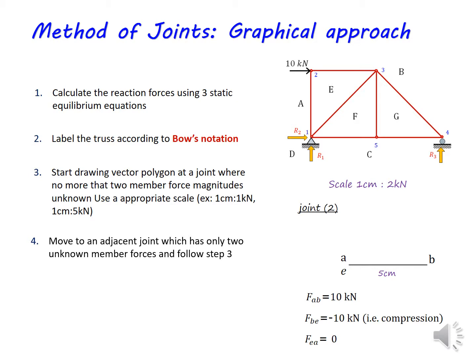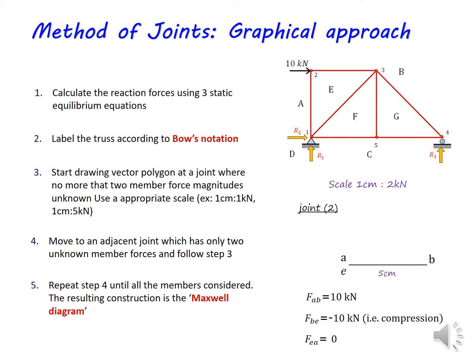But for joint 1, we know the member force of member 1, 2, and there are only 2 unknown member forces, on members 1, 3 and 1, 5. We know the reaction forces R1, R2. So because there are only 2 unknown forces, we can draw the vector polygon for joint 1 next.